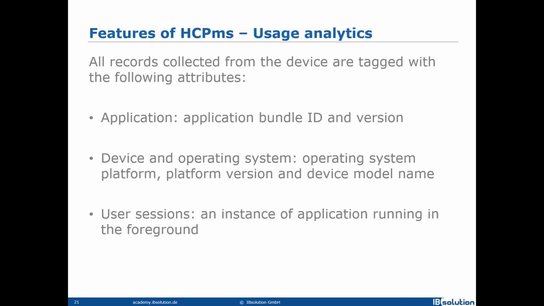The next feature I want to talk about is usage analytics. When an application request goes through the HANA Cloud Platform services, it captures some information about this request, like the device operating system, user sessions, and also some performance data, like how much time the request spent on the backend, which could help us, for example, to fix performance issues or for troubleshooting.